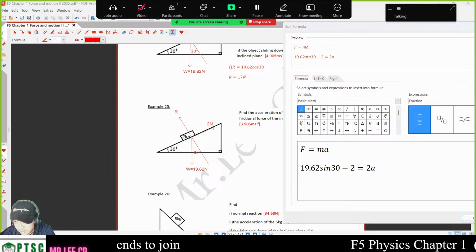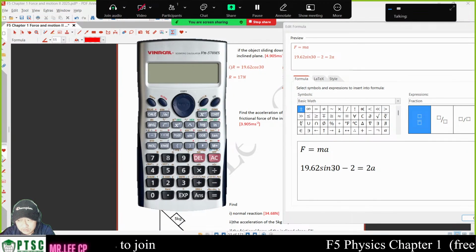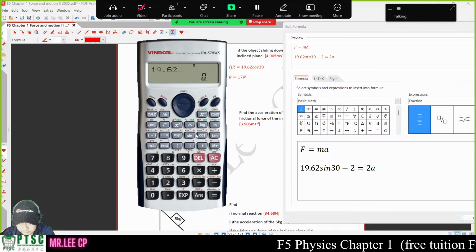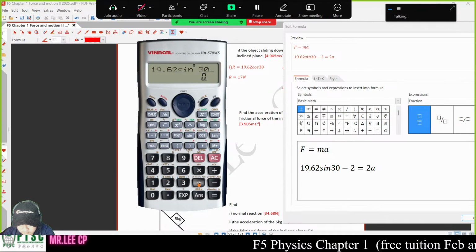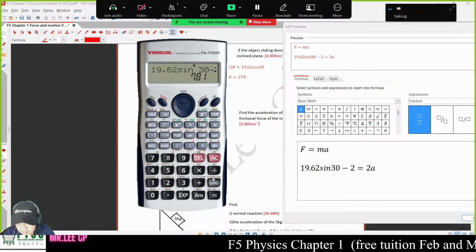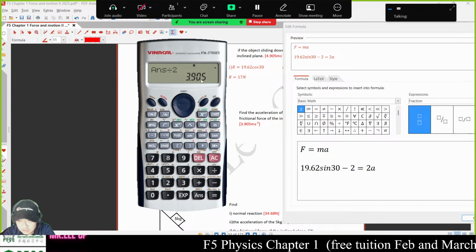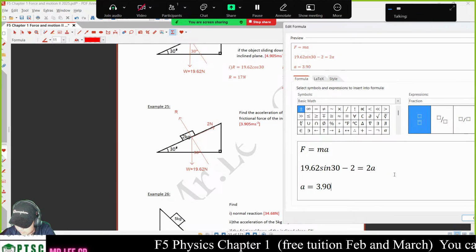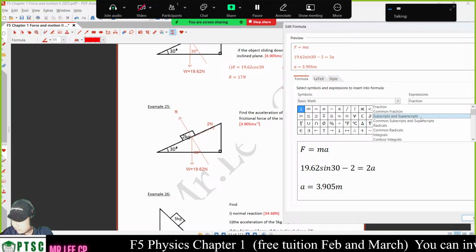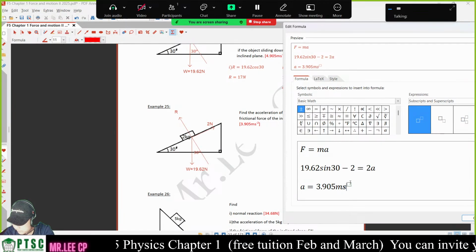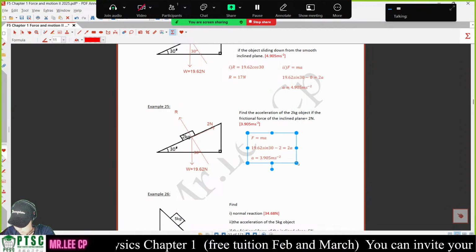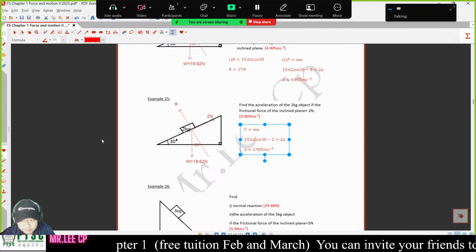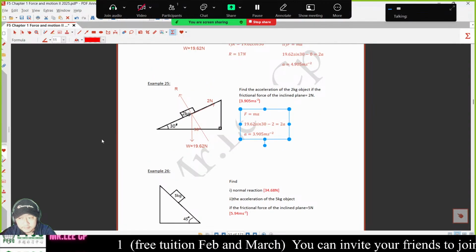So I can find the A. 19.62 sine 30 minus 2, divided by 2. So 3.905. Okay, I get the answer. Very straightforward, very, very fast. Okay, is that okay for you?